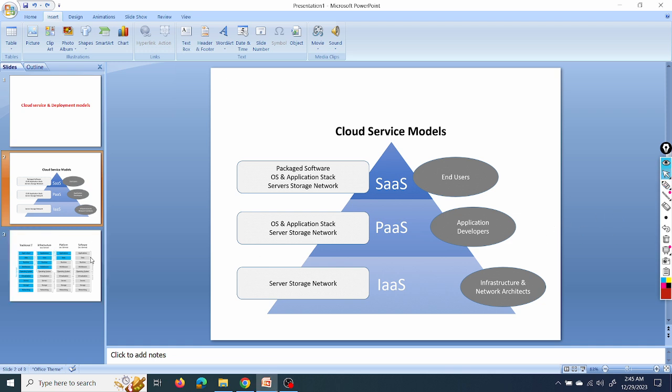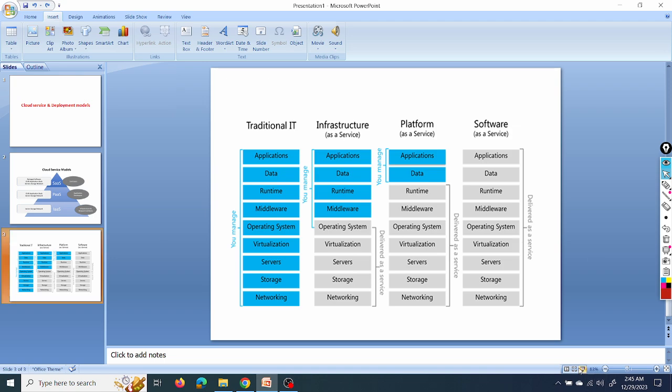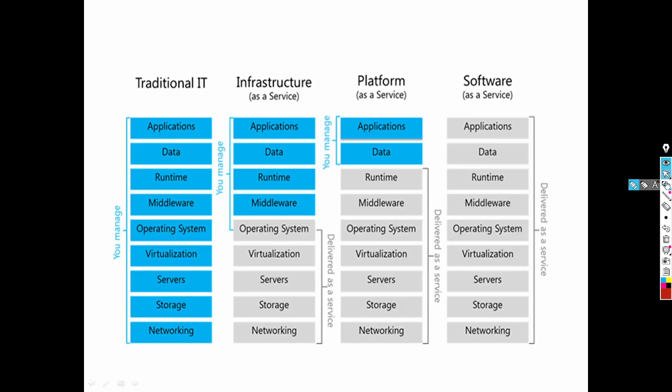From this diagram you will get some clarity. Traditionally, everything was managed by the on-premises team, but when cloud was introduced, if you are taking infrastructure as a service, then network, storage, server, and virtualization are managed by the service provider.